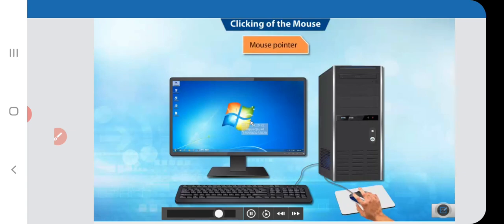Mouse pointer is a small arrow seen on the monitor. If we move the mouse on the mouse pad, the pointer also moves on the monitor.